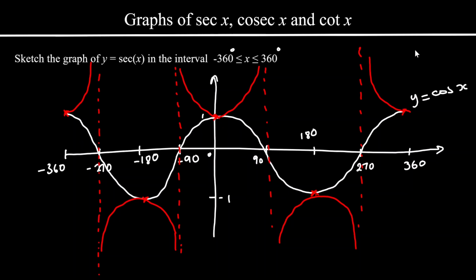So that is our graph for y equals sec x. We get asymptotes wherever it goes through 0. It's at 1 and negative 1 at the same time as the cos graph, and it gets closer and closer to the asymptotes but never touches them.